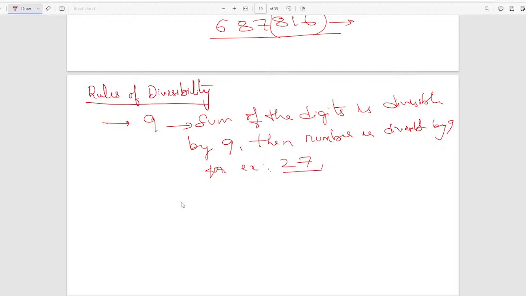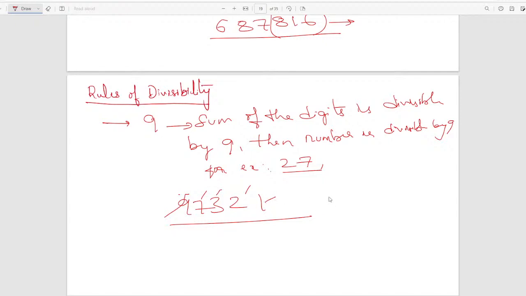You can take any number, for example 97321. If you want to check whether this number is divisible by 9, you have to add all the digits and see whether the sum is divisible by 9. Or what you can do is eliminate the 9 first, since there is a 9, so remove this. 7 and 2 is 9, so the remaining part is 3 and 1.